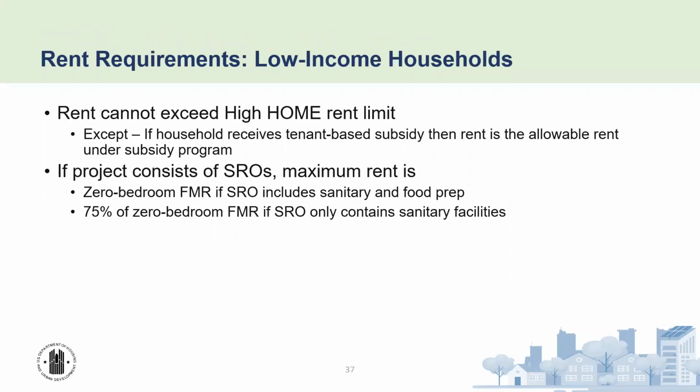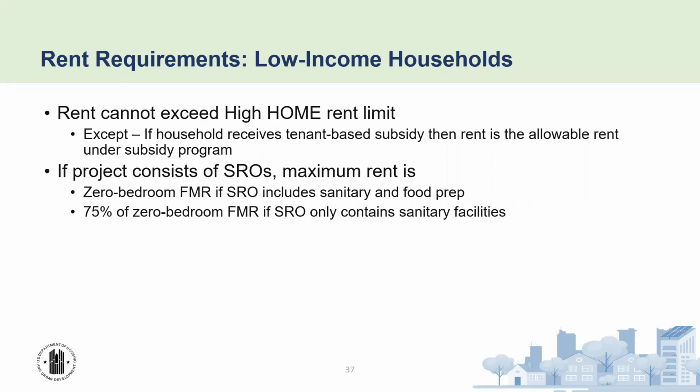For units restricted for occupancy by low-income households, the rent and occupancy requirements mirror HOME. Specifically, the rent can exceed the high HOME rent. However, if the tenant receives tenant-based rental assistance, then the rent is the rent that's allowable under the rental subsidy program. If the project includes SROs, then the maximum rent is based on the 0-bedroom FMR, and it's dependent on whether the unit includes only sanitary facilities or both sanitary and food prep.